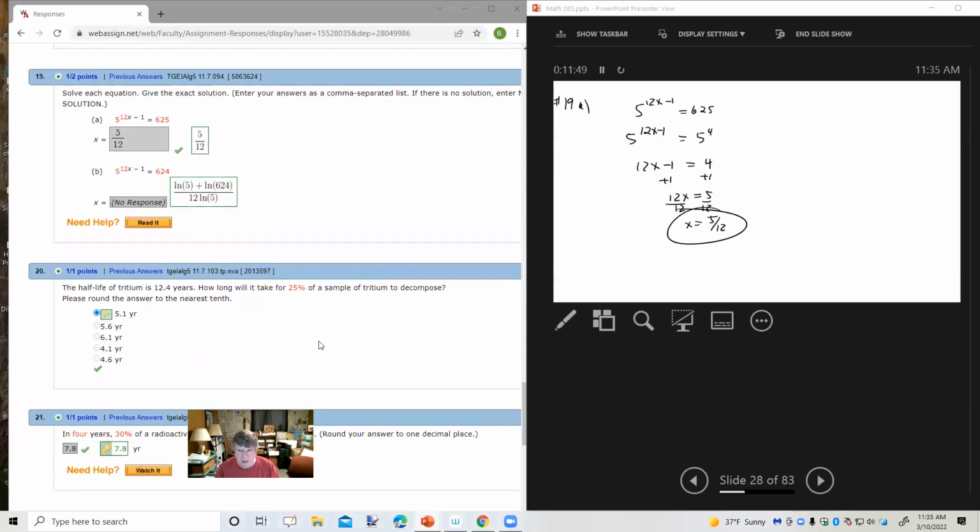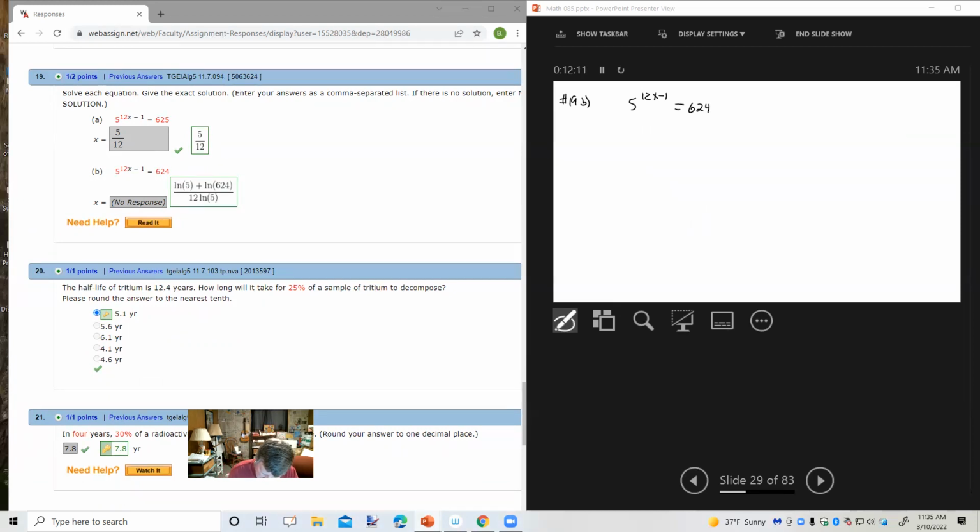Now let's take a look at part B, which is a bit more complicated. So we have 5 to the 12x minus 1 equals 624. Unfortunately, 624 is not a power of 5.